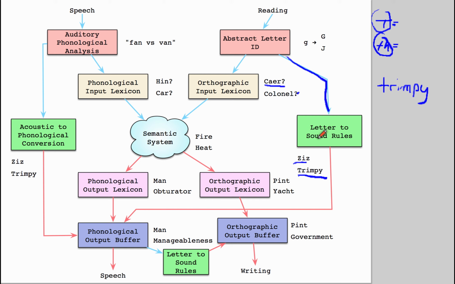Sometimes we'll see patients with reading problems where they have a disproportionate difficulty reading irregularly spelled words. Kernel. Kernel is an irregularly spelled word. It's not pronounced the way it's spelled, right?